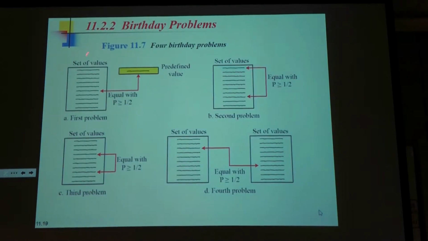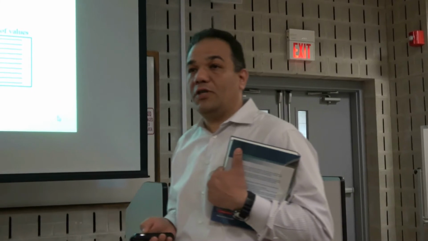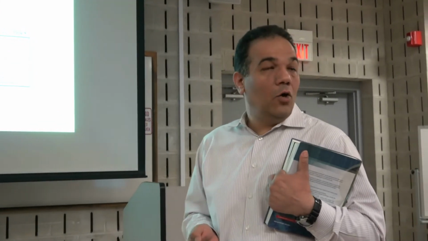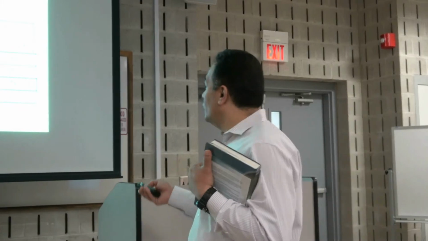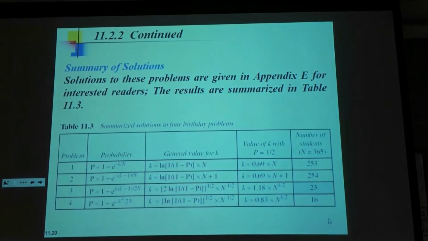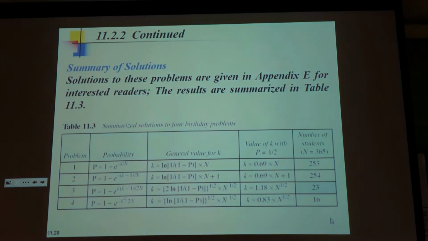Again, if you have a predefined birthday, let's say the first, I was born on July 1st, and we have 365 students in here. What is the chance, with 50%, that I'll find an instance of the same birthday? If you use this formula, it will be 253. And so on and so forth.